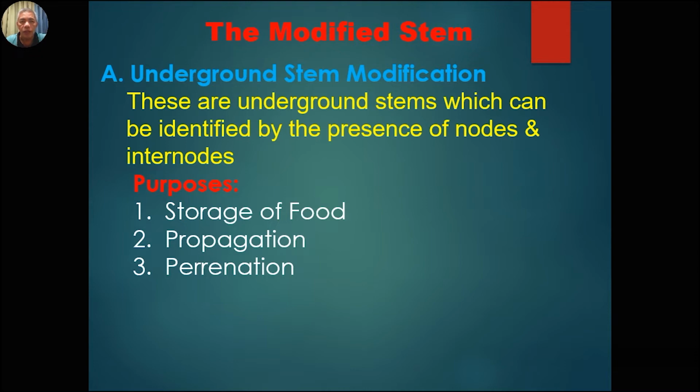You know, when a particular leaf petiole is detached from the stem of a particular plant, what remains present are the nodes, and the distance between two nodes is what we call internodes.